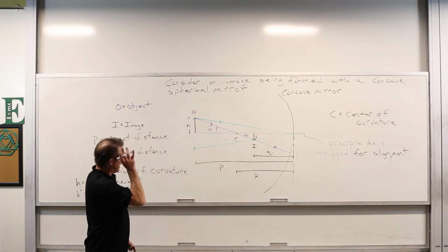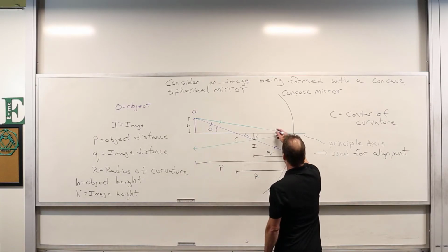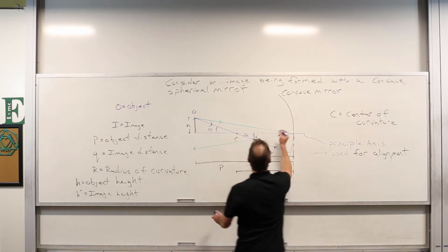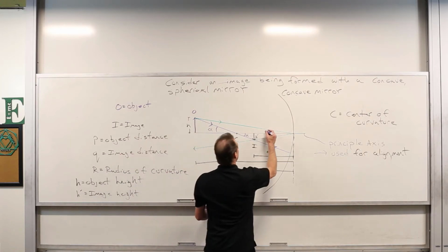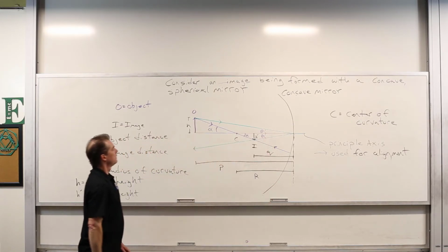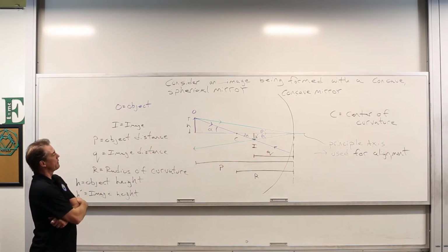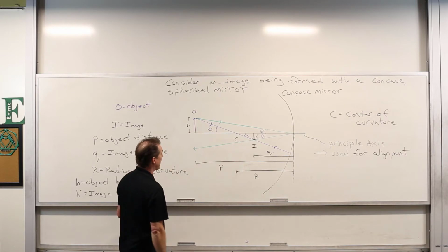Alternate interior angles, if you will. And we've also got these two angles over here. We know that those have to be equal angles by the law of reflection. Let's call them theta and theta. So we got some angles named in there and some distances. Let's see if we can make some mathematical connections between these quantities now.